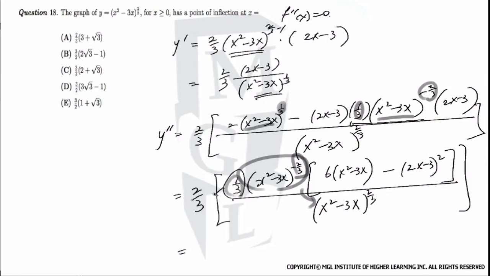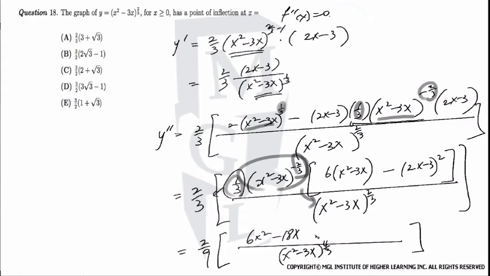So the 1 over 3, I'm going to pull it out as 2 over 9. And the denominator becomes x squared minus 3x to the power of 4 over 3. In the numerator, we get 6x squared, 18x. Subtract by 4x squared minus 12x plus 9.